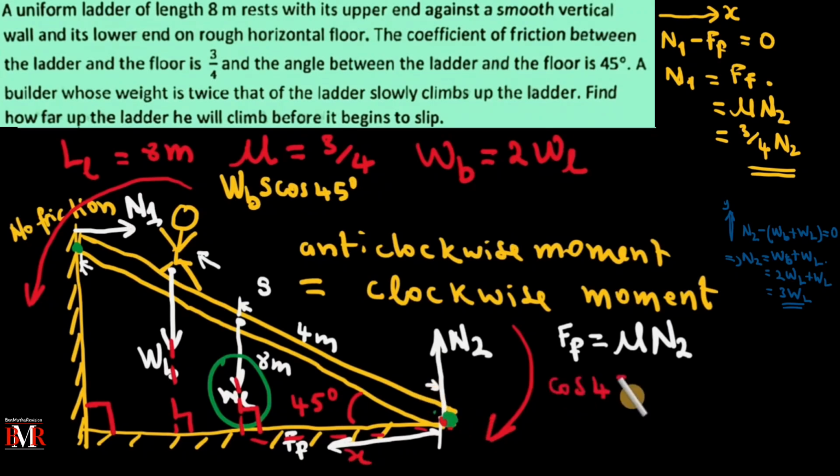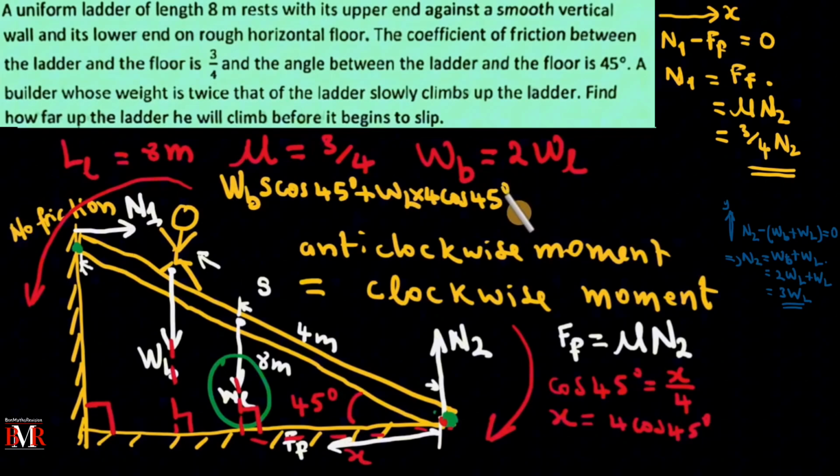You will see that cos 45 degrees will be equal to x over 4, that is adjacent over hypotenuse, since the hypotenuse here is 4. In this case x will be 4 cos 45 degrees. So the moment of WL will be WL times 4 cos 45 degrees.